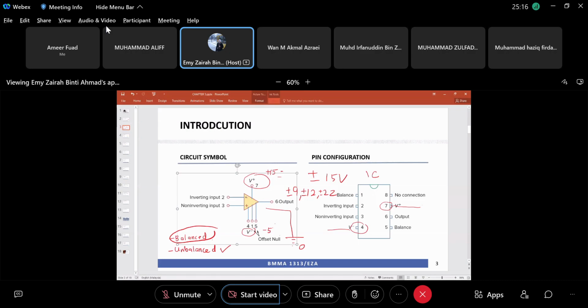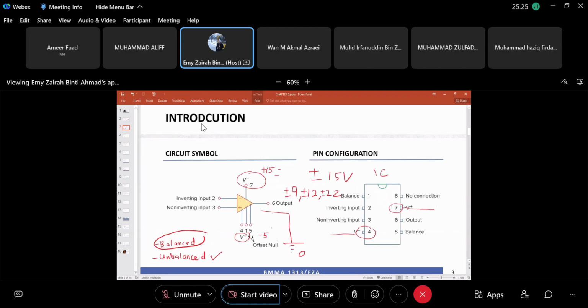Positive symbol here. So normally in your case, you need to know what type of circuit that is. What type of amplifier is that? Is it inverting or non-inverting? For this one, we call this the inverting terminal.